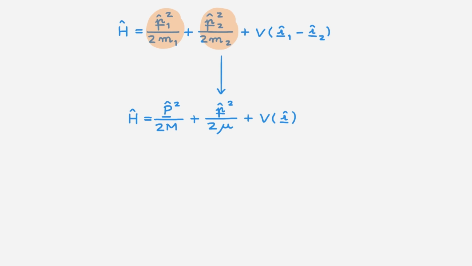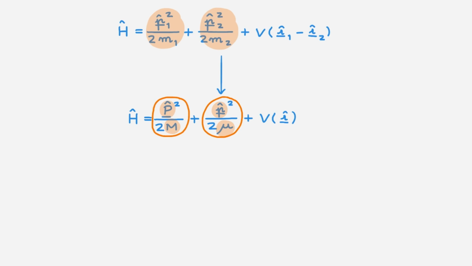And in the new expression, we also have 2 kinetic energies. The first one here looks like the kinetic energy of a particle of mass capital M, the sum of the masses of the original particles, and is given in terms of the center of mass momentum capital P. The second here looks like the kinetic energy of a particle of mass mu, the reduced mass of the 2 original particles, and depends on the relative momentum.